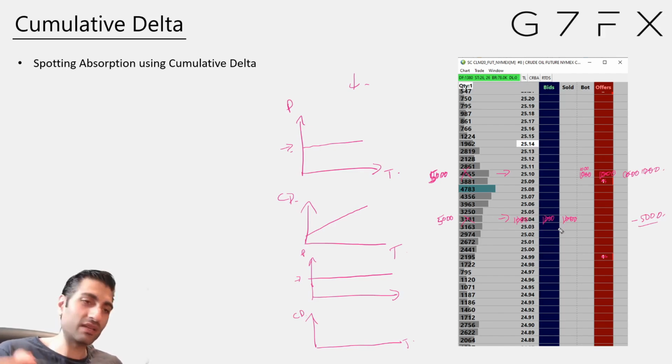So it's -1, -2, -3, -4, -5. The price is stuck, someone is just absorbing, happy to sit there. The price isn't moving, but the delta is going negative over time because people are selling with market orders. Can you see the divergence? This is what I mean by divergence: cumulative delta divergence, which is absorption.